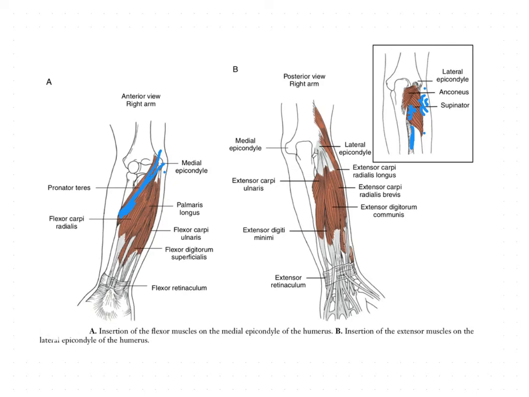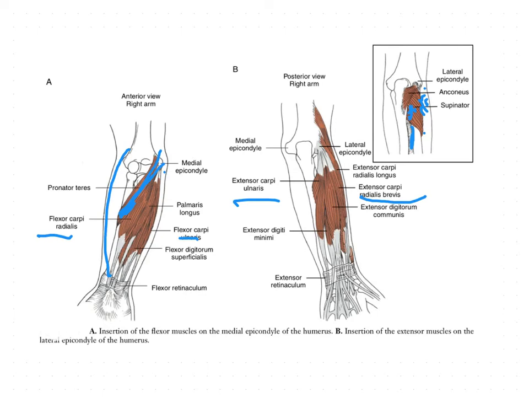These include the flexor carpi ulnaris and extensor carpi ulnaris, the brachioradialis, here you can see the brachioradialis, and the flexor carpi radialis, and also the extensor carpi radialis brevis.